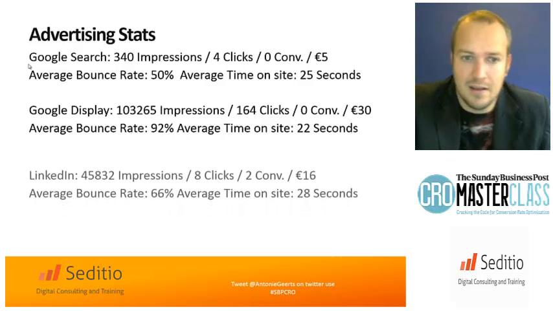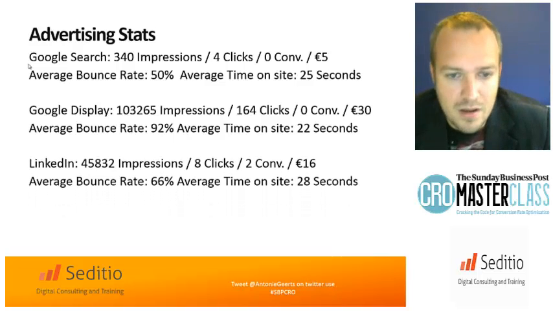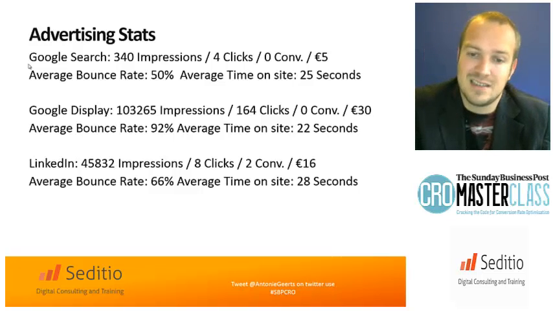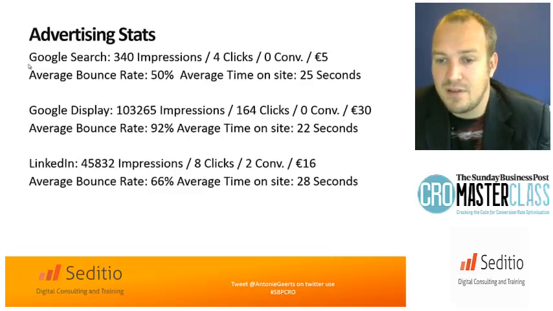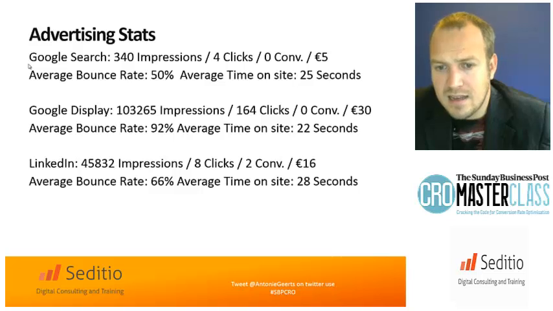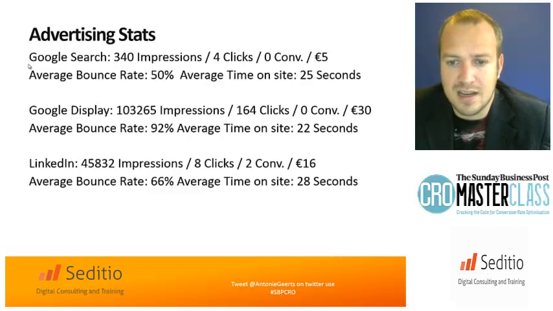That's not good. LinkedIn. Interesting network as well, because we had about 45,000 impressions, 8 clicks, 2 conversions, $16. The average bounce rate was 66%, and the average time on the site 28 seconds. Now, 8 clicks, so you're paying €2 a click.